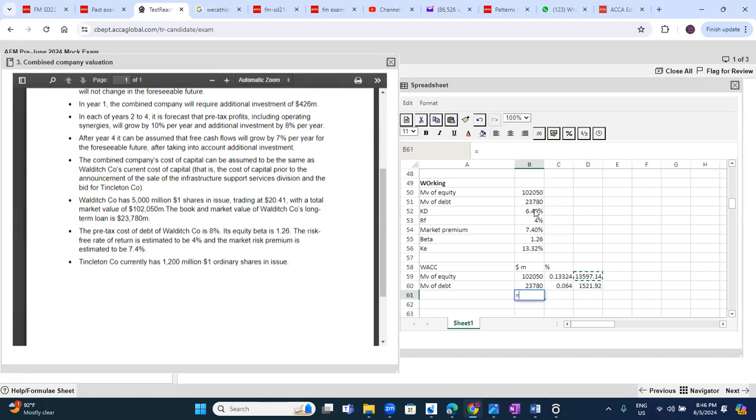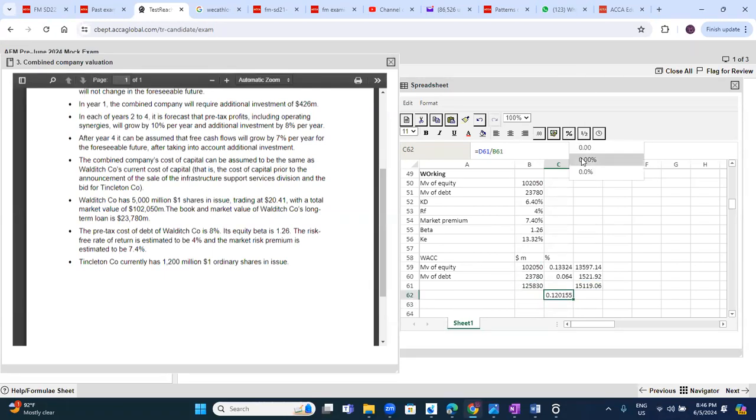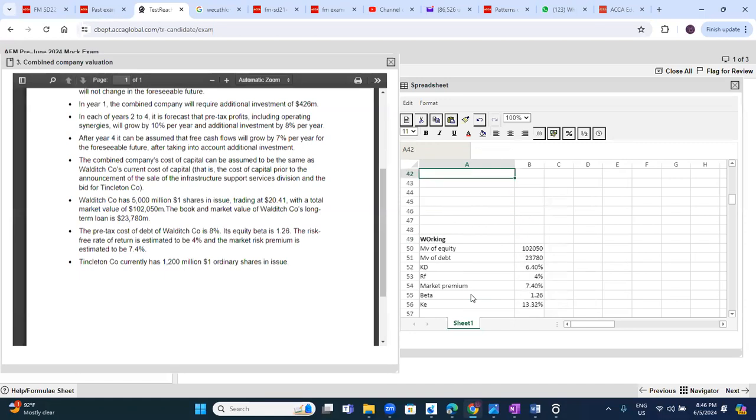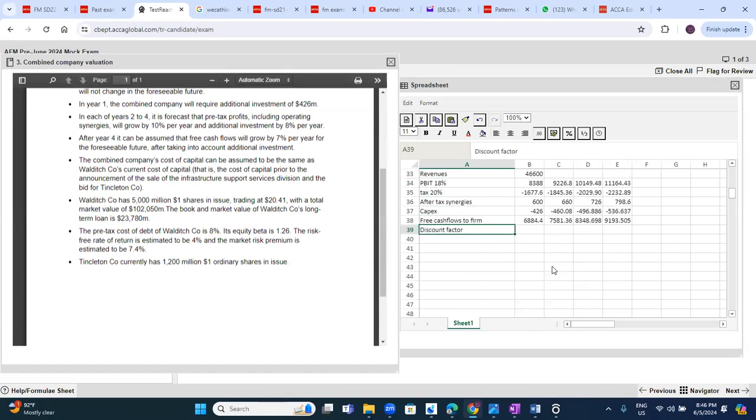Take the total of these two. Okay. WACC would be this divided by this. 12%. Okay, 12% is the WACC. Combined WACC. So combined WACC is 12%.